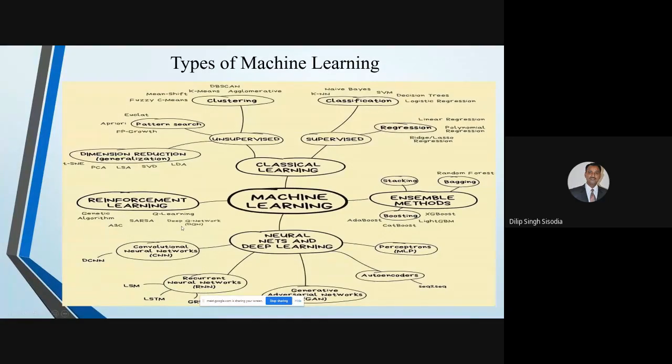In reinforcement learning, the working is something different. Here, the model or our program is known as an agent, and it works on the principle of reward and penalty. So it will learn from the environment. If it is positive learning, then it will be rewarded. If it is negative, then it will be penalized.